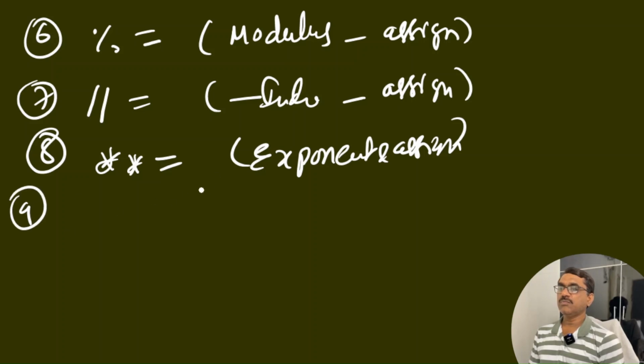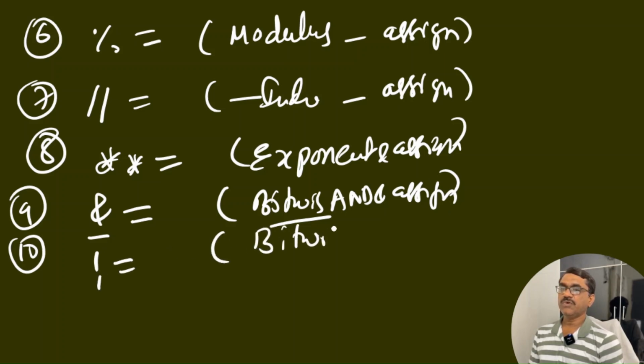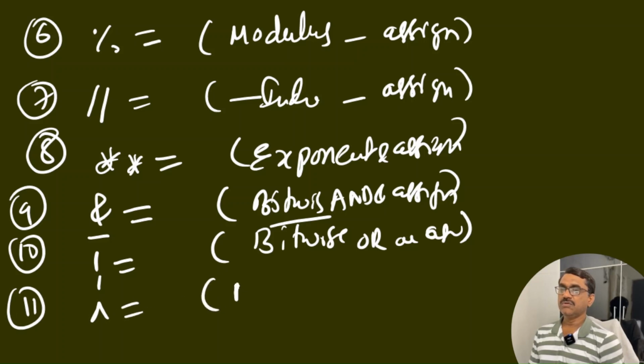And ninth one we are going to talk about is we can also perform the bitwise operations using assignment operator. That is bitwise AND is equals to. So first one represents the bitwise AND. It performs bitwise AND. After that, we are going to assign the value. And next one is OR is equals to. Similar to bitwise AND, we are going to perform bitwise OR. After that, assign. And next, we can perform bitwise exclusive OR operation, and after performing, we are assigning.